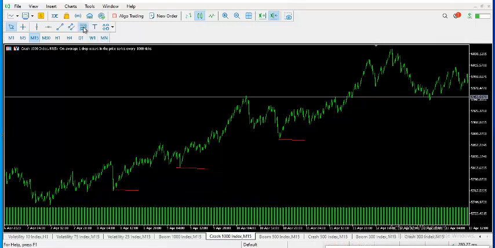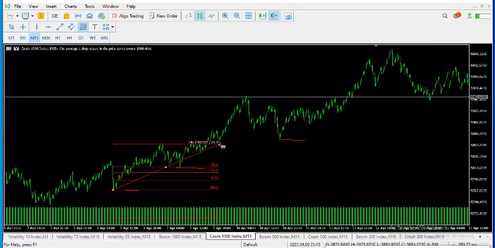But let's check. If you don't know much about how to draw Fibonacci, you can get some tutorials on YouTube, and very soon we are also going to be doing a video in that regard. Of course, it's a Fibonacci level. If you look at my Fibonacci level, my settings are very simple.